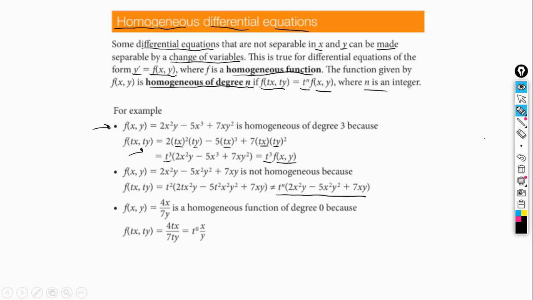Now, this third one here is easy. And this is what is considered a homogeneous function of degree 0, because you could re-express it as t to the 0 times x over y, or in that form.